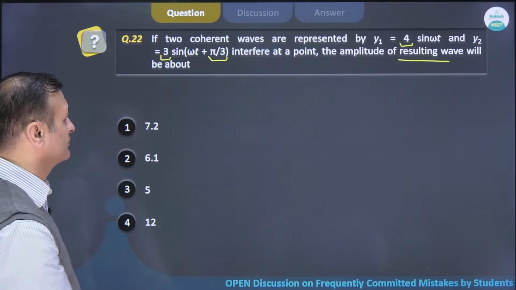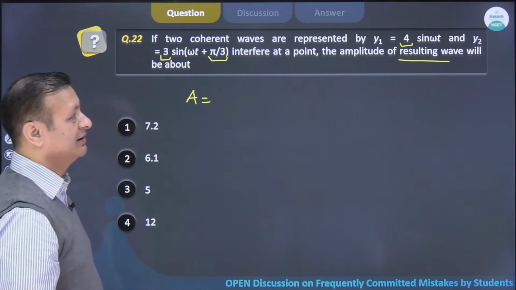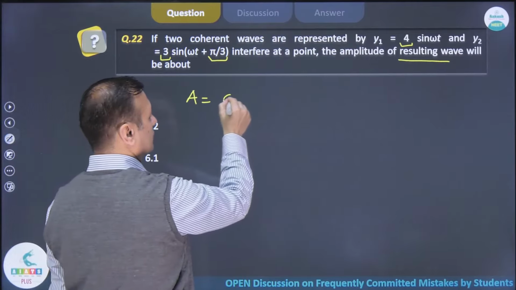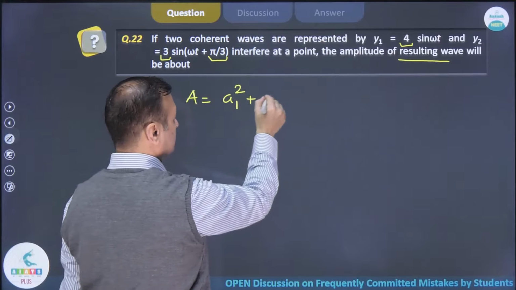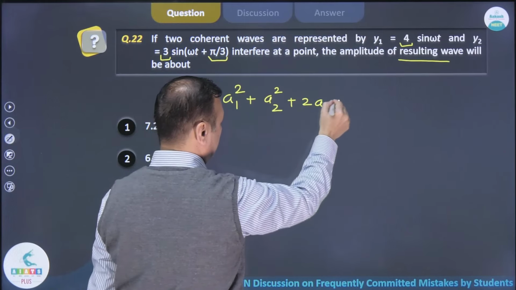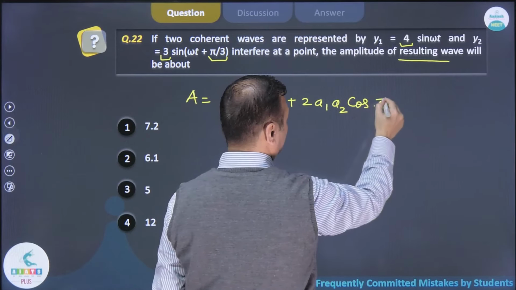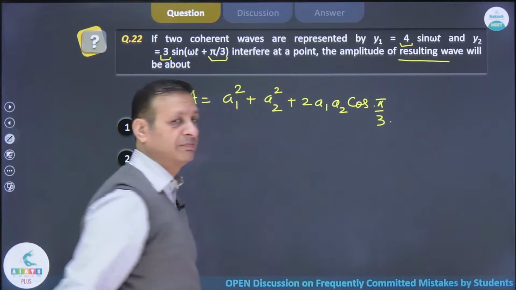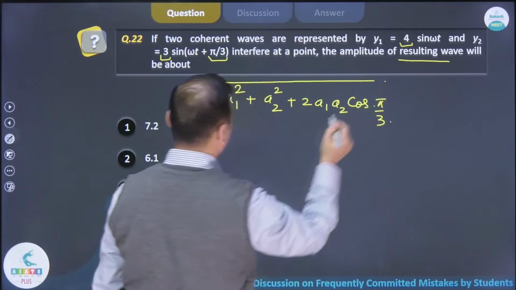So amplitude of the resultant wave is given by square root of A1 square plus A2 square plus 2 A1 A2 cos of phase difference, that is pi by 3.